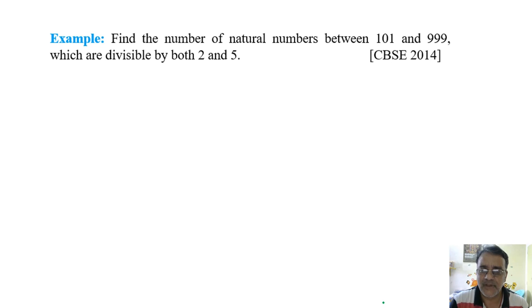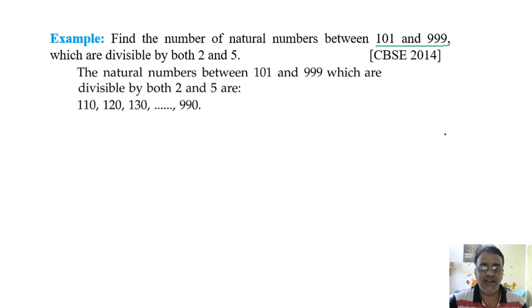Right? So what is the first number between these two which is divisible by 10? 110. What is the last number? 990. Very good.